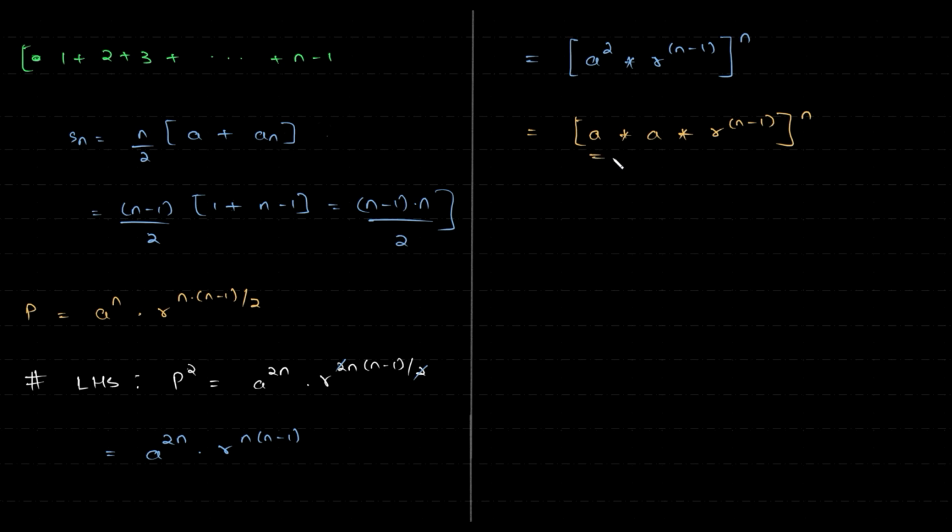This is nothing but your first term, and this is nothing but your last term. So we pretty much got the answer. This is a into b whole to the power of n, this is P squared, and we have the RHS, and so we have proved the question.